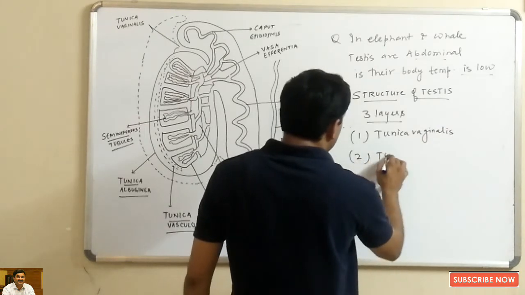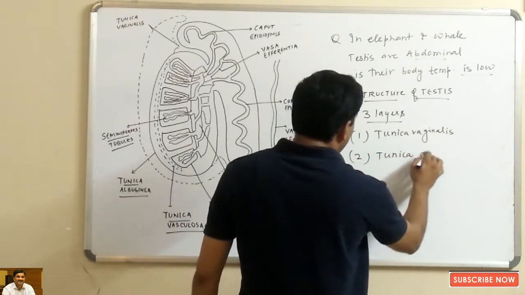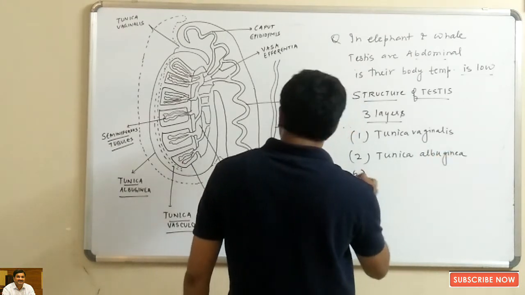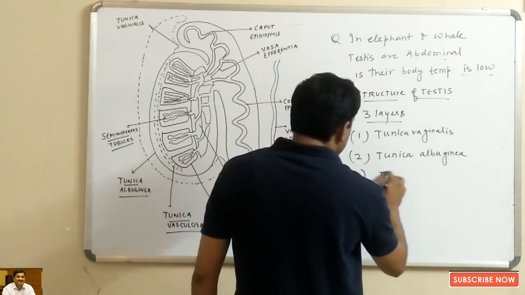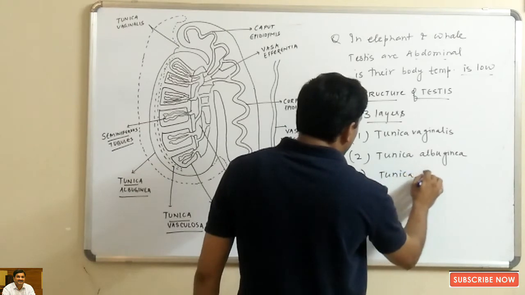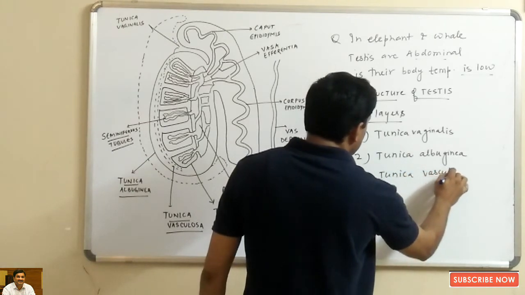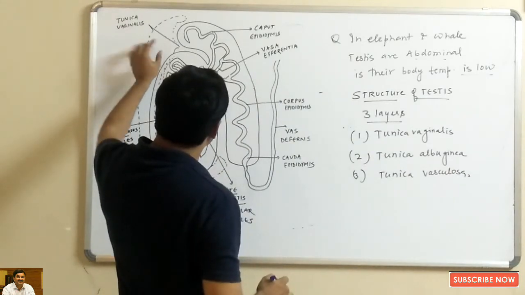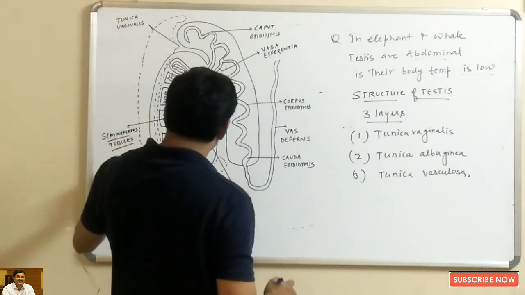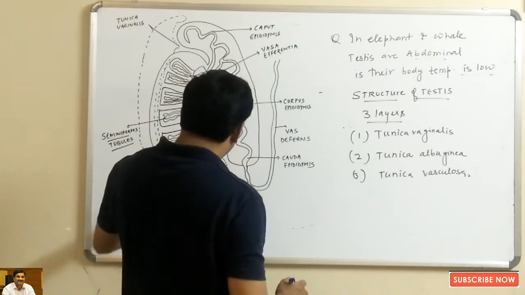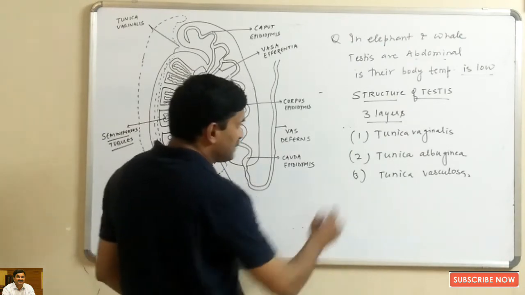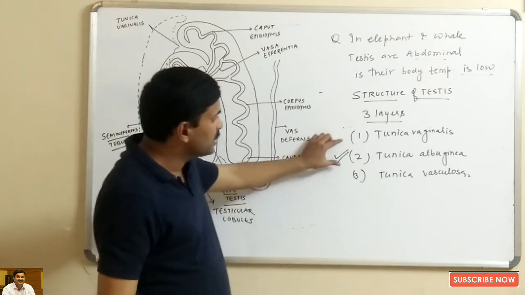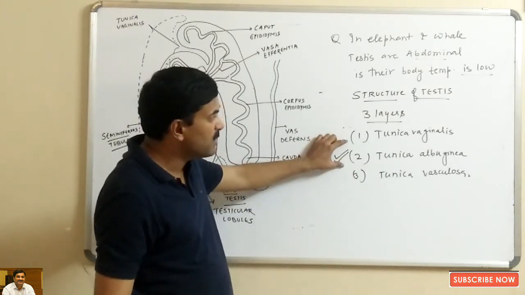The second is known as the tunica albuginea, and the third layer, the innermost, is known as the tunica vasculosa. You can see the three layers in the diagram. But out of these three layers, the tunica albuginea is the most important layer.